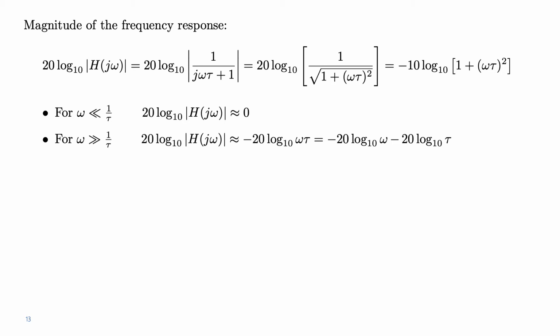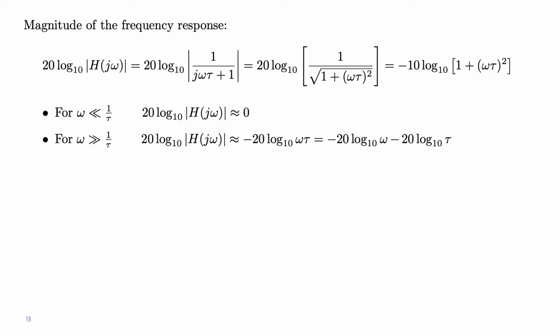To represent this, it is quite helpful to look at the asymptotic behavior of such equation. So what we do next is we study that formula for omega much smaller than 1 over tau, and for omega much larger than 1 over tau, and we find something quite simple. So when omega is much smaller than 1 over tau, then the term inside the log is given by 1 plus (omega tau) squared, and such (omega tau) squared is much smaller than 1.